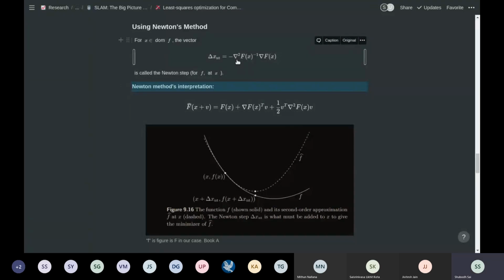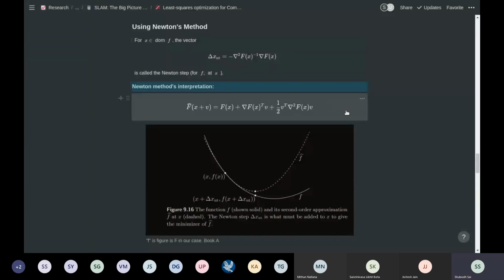To look at how we arrived at this, you can take a derivative of this equation. When you take a derivative, what would you get? Over here, you'll be left with gradient of capital F of x is equal to gradient of f of x plus Hessian into v.